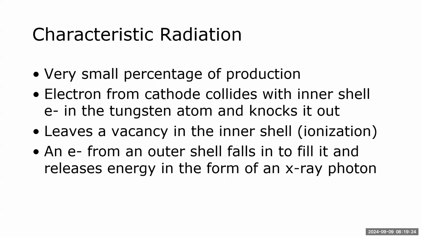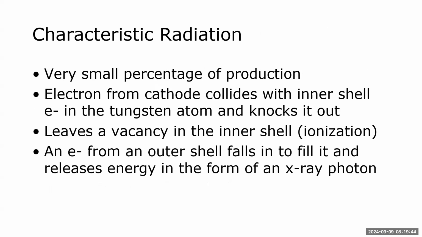Characteristic is a very, very small percentage of the production. So electrons from the cathode collide with the inner shell electrons in the tungsten atom and sort of knock one out. And then that leaves a hole, right? It leaves a vacancy, and we call that ionization. That's another term we're going to deal with.